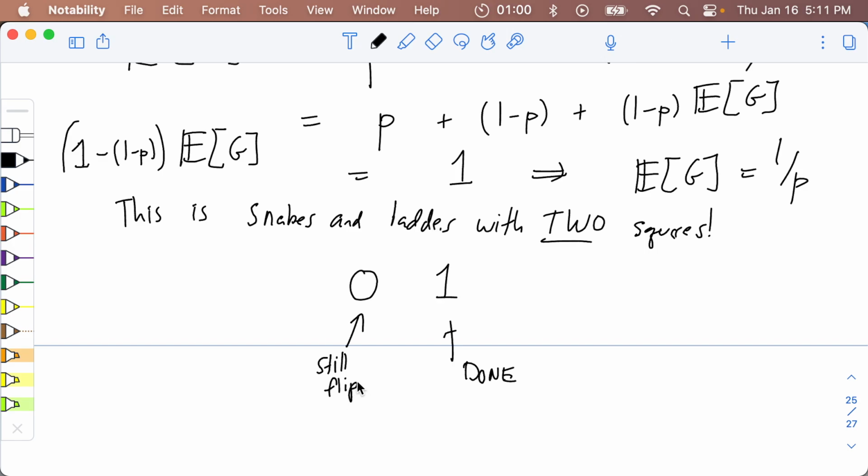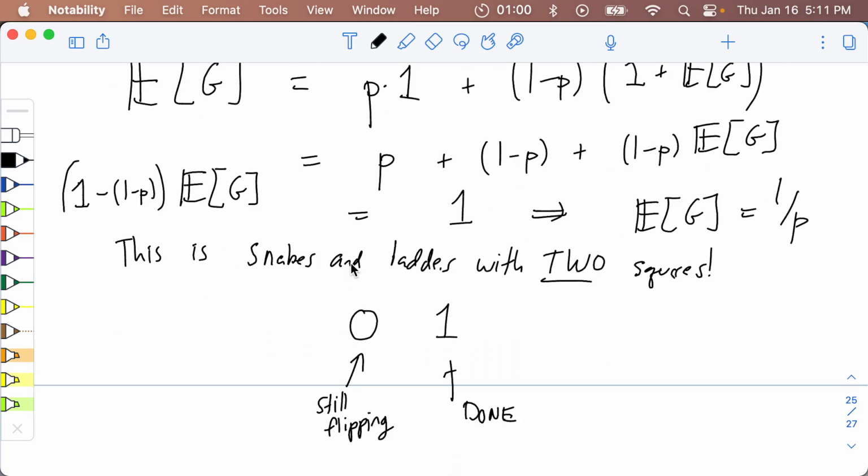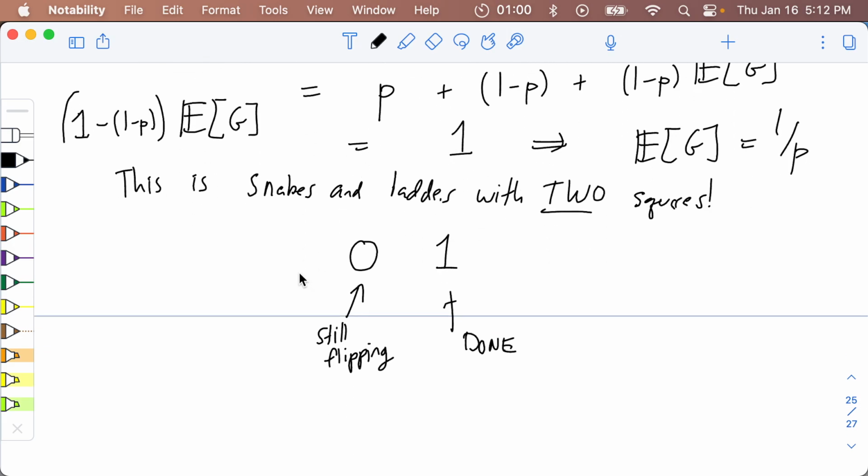We used the fact that if you flip a coin and you're not done, it doesn't matter how many times you were flipping, you're still in state 0. That's how we did it. So now let's think, how are we going to generalize this to more squares?